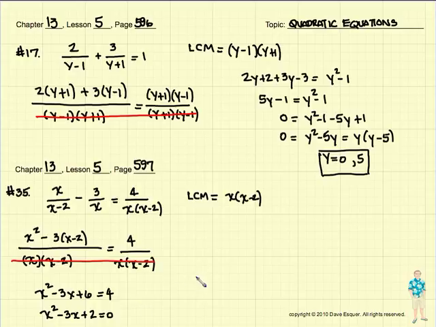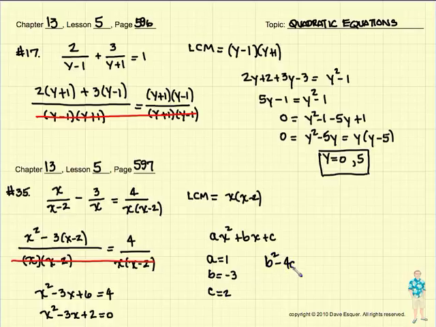Remember, we want to use that zero product property. So we remember the factors. Oh, we don't even have to factor. Let's just play with the discriminant, ax squared plus bx plus c. And we find out that a is 1, b is negative 3, and c is a positive 2.